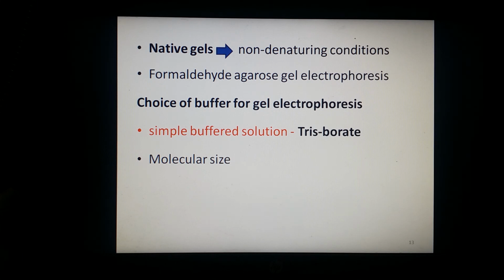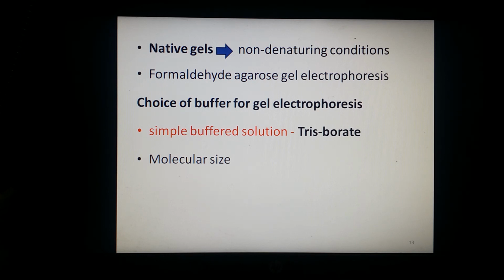In northern blotting, formaldehyde has traditionally been used as the denaturant during the electrophoresis step. Formaldehyde agarose gel electrophoresis is normally used in the separation of RNA, as it prevents RNA from folding on itself.